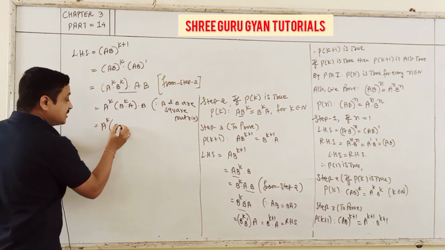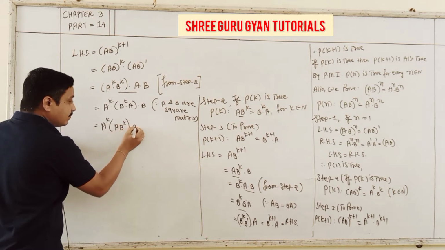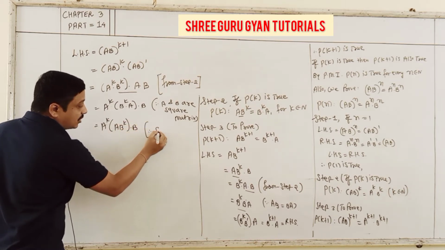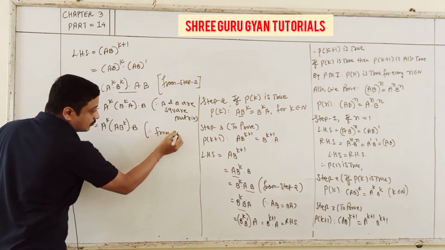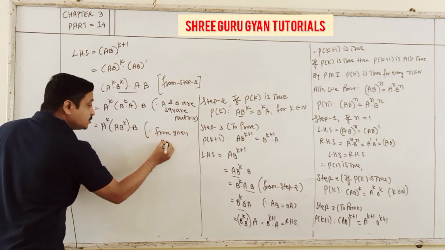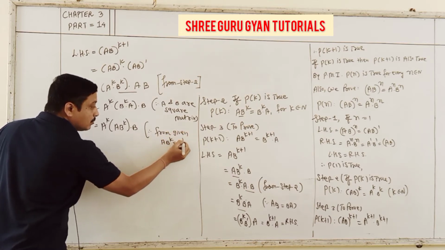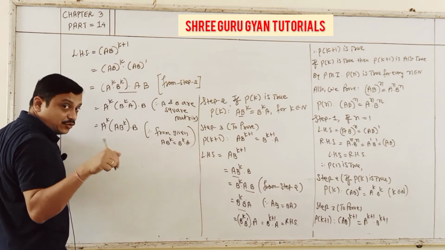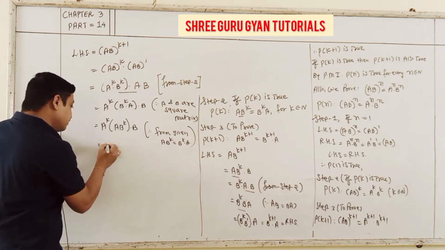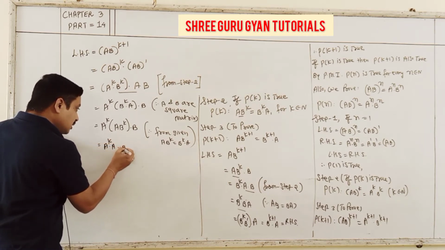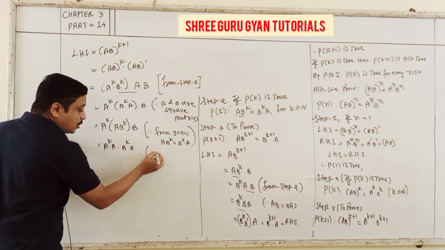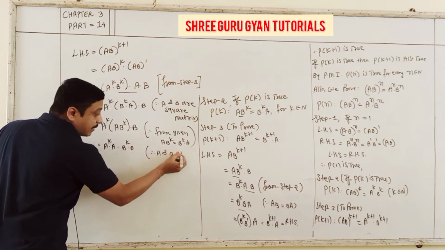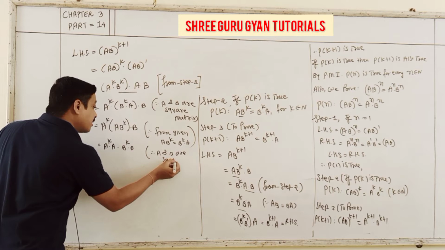Yes, it is (AB) raised to k. What is that? It is (AB) raised to k into B, because from the given, (AB) raised to k is equal to B raised to k into A. Using that, now here you will separate both like terms, because again A and B are square matrices.